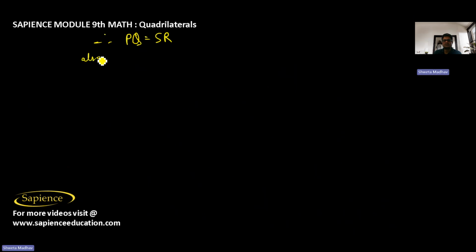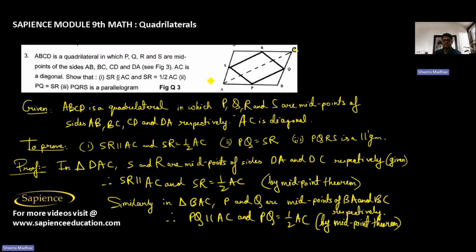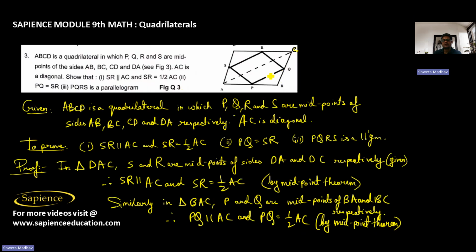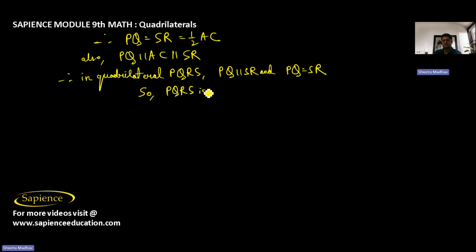And also, both are equal to half of AC. And similarly, PQ is parallel to AC, which is also parallel to SR. So in quadrilateral PQRS, PQ is parallel to SR and PQ is equal to SR. These opposite sides are parallel and equal.